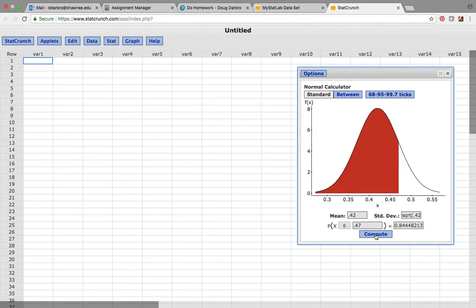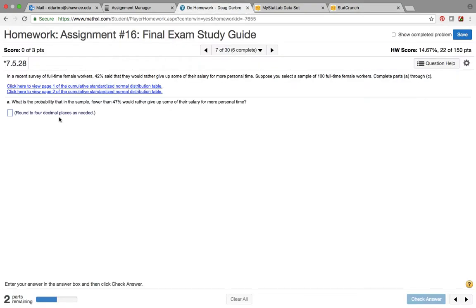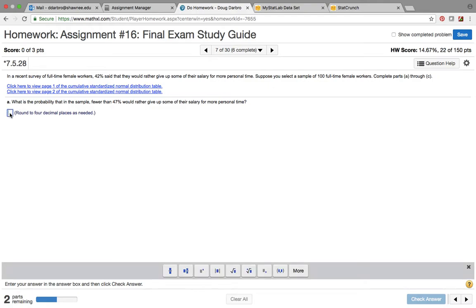And hit compute. So 0.8448. So we want this to go to 4 places, so 0.845.